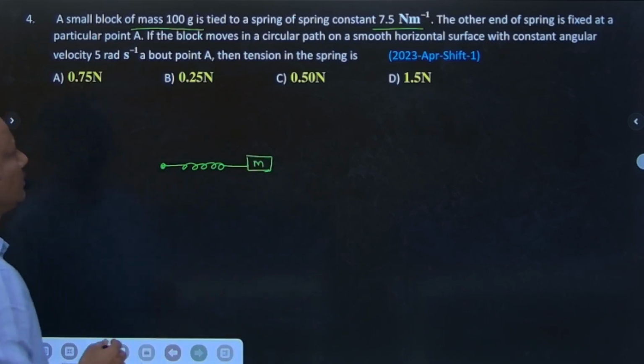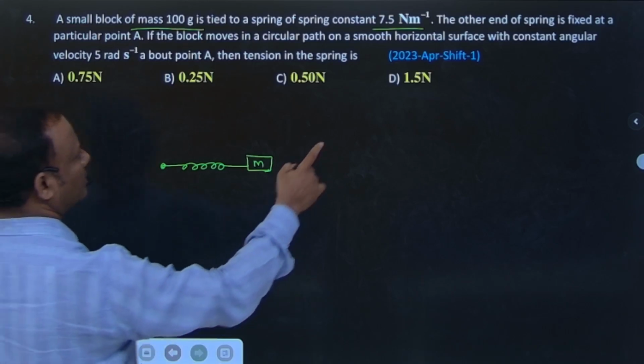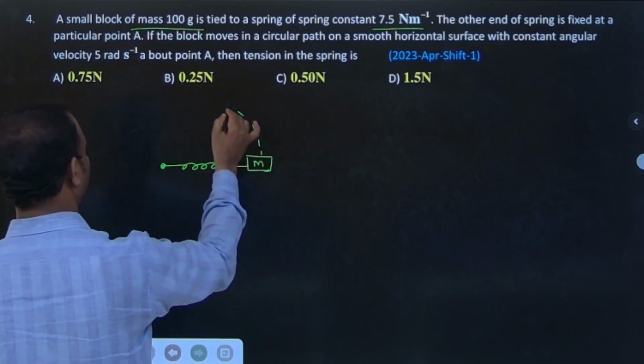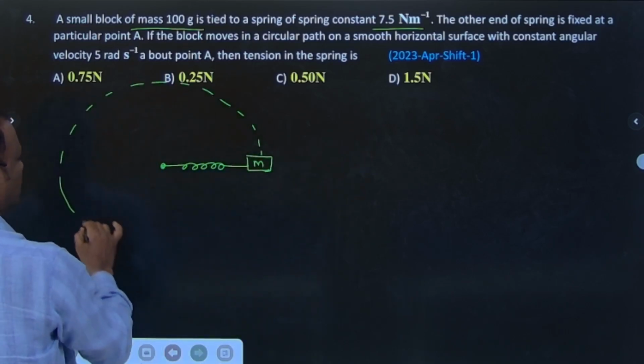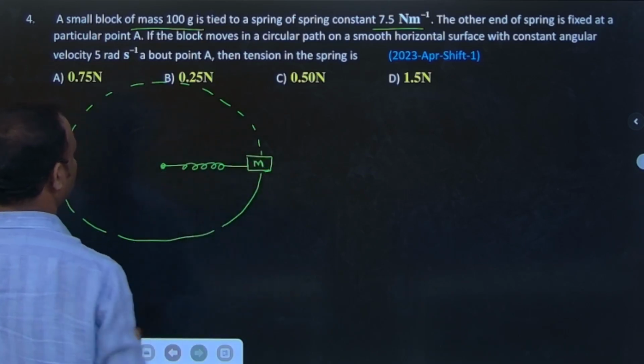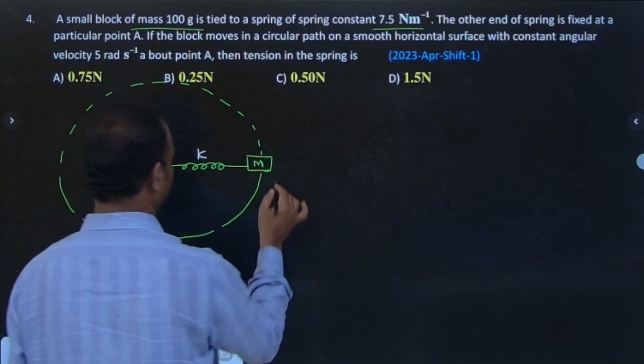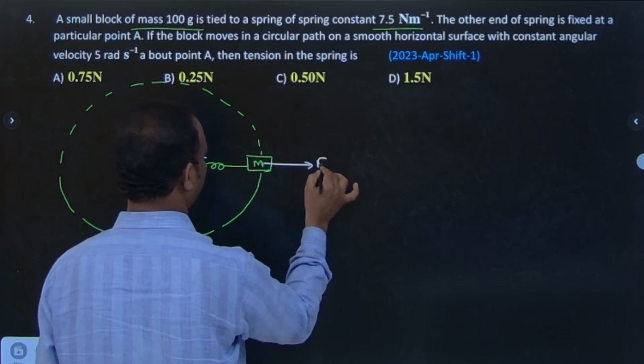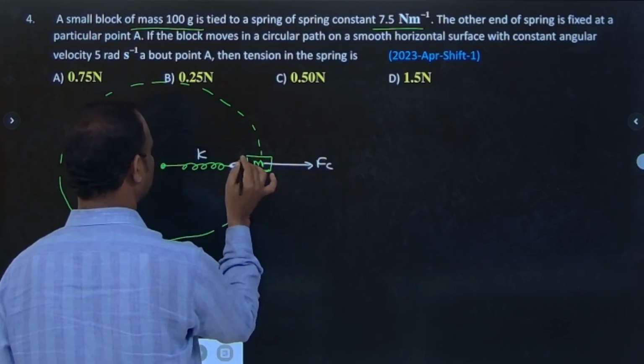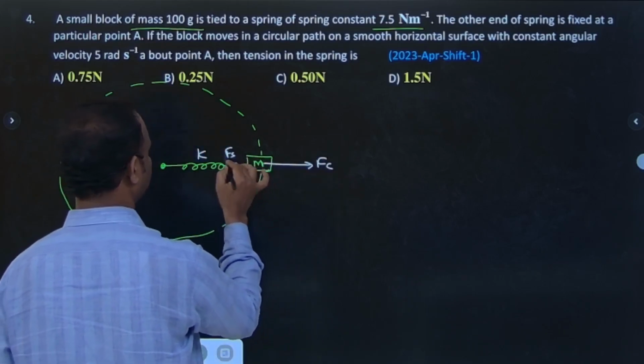It moves in a circular path around this. During this, the spring constant is K, and the central force is balanced by the spring force, Fs.